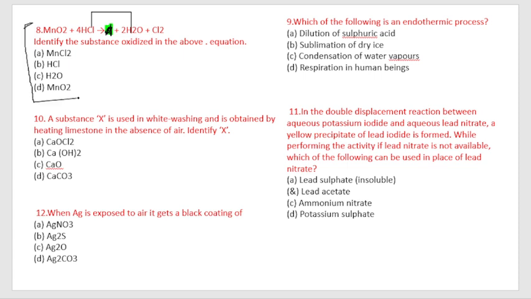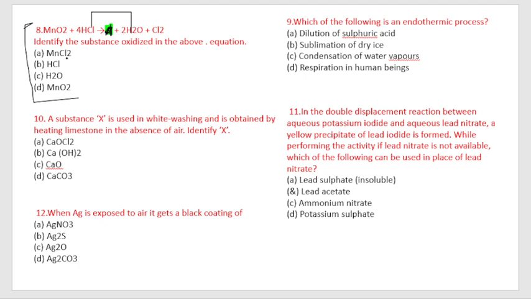According to what I have written here, we can write the answer as HCl. Our answer will be from the LHS only, not from the RHS of an equation. In all these types of questions, we have to write what has happened to the reactants.